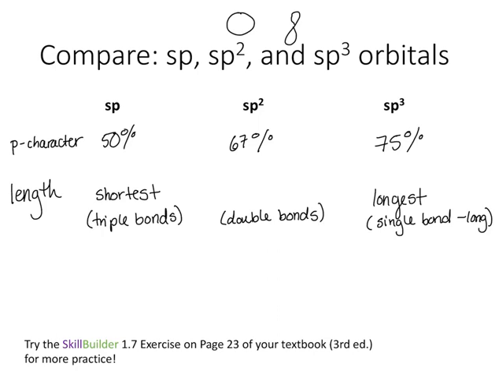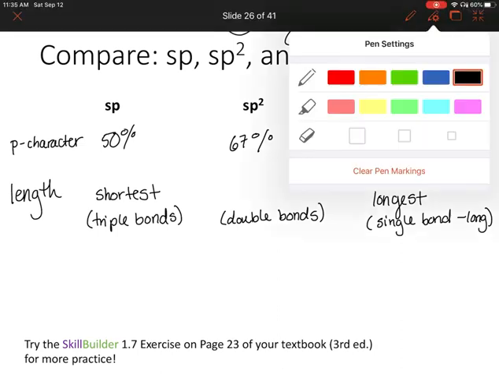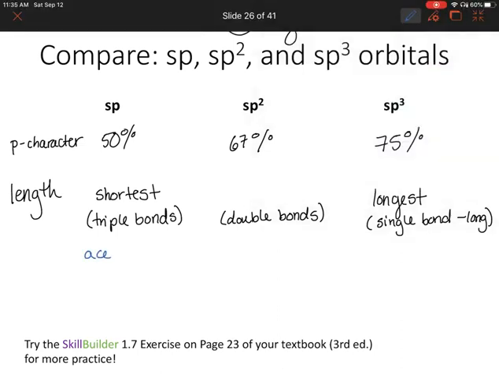Okay, now let's use some data to back this up. Acetylene, which we just looked at, had the triple bond, right? It has a bond length of 1.2 angstroms. Angstroms are related to meters, if that helps you visualize what that is.